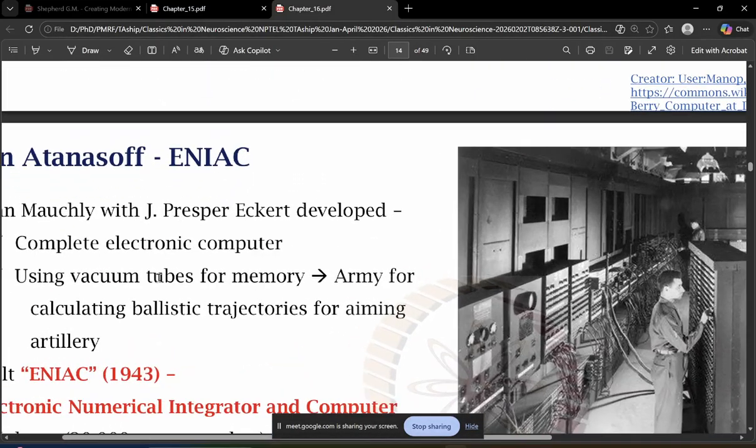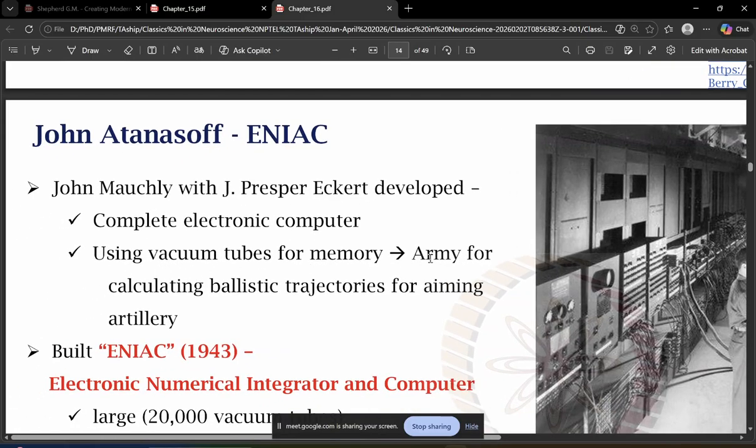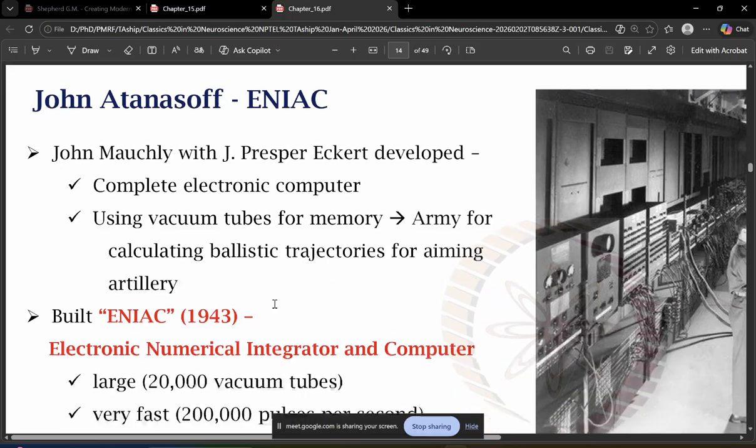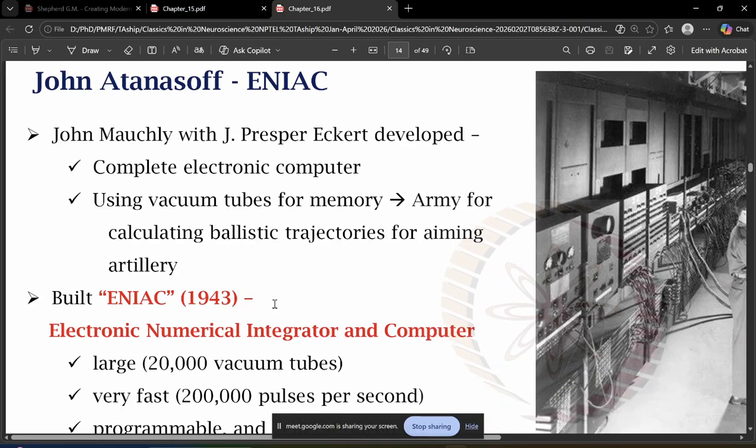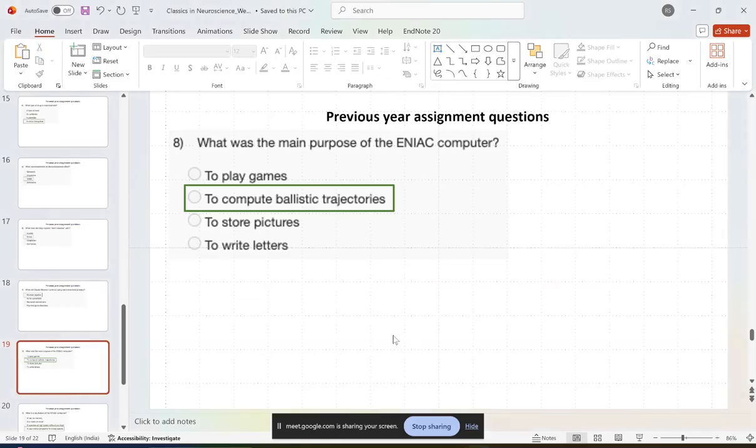The purpose for which this computer was built was so that it could help the army calculate ballistic trajectories for aiming artillery. So basically, to help in the war efforts at that time. So, what was the main purpose of the ENIAC computer? The main purpose of the ENIAC computer was to compute ballistic trajectories to help the army.